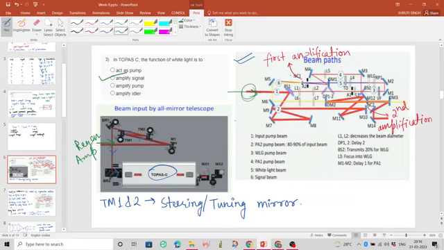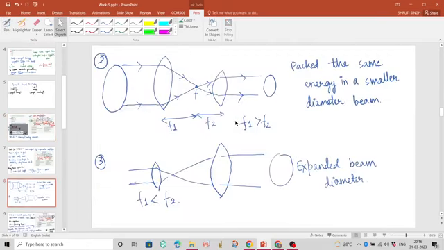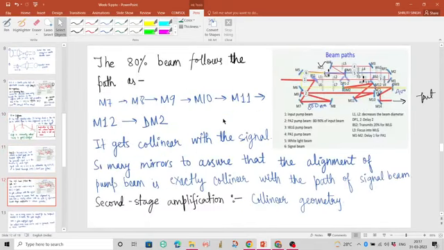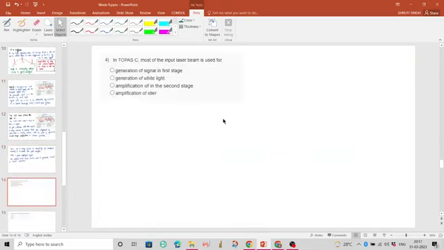Okay, so this was the instrumentation part, the TOPAS. Let's see the next question. Next question is also related to the amplification. In TOPAS-C, most of the input laser beam is used for generation of signal in the first stage, generation of white light, amplification in the second stage, amplification of idler.